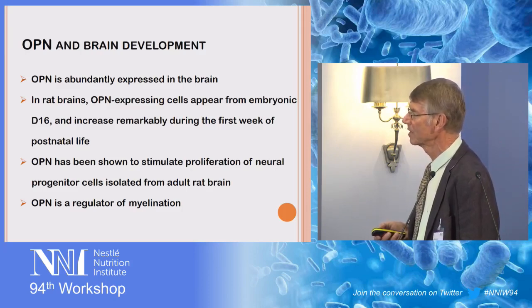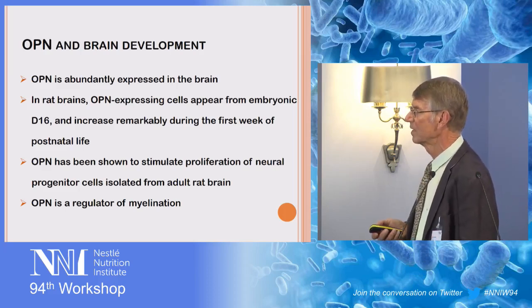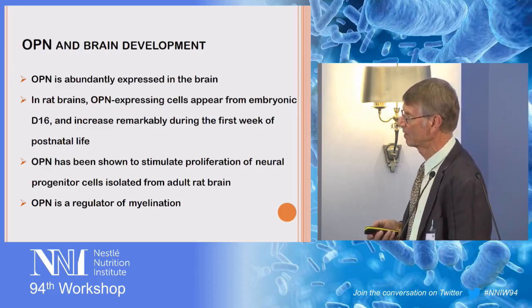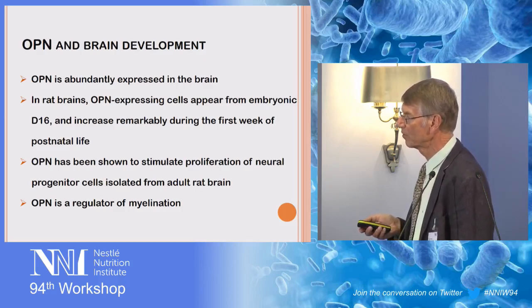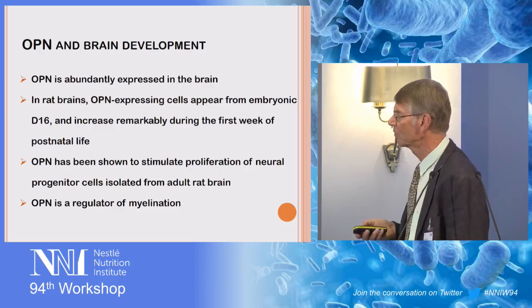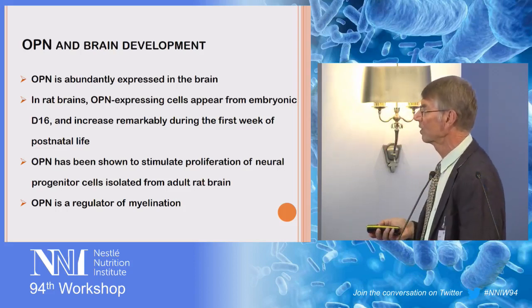And osteopontin has been shown to stimulate proliferation of neural progenitor cells isolated from adult rat brain. Again, very little has been looked at in the newborn animal. And it's a well-known regulator of myelination, which of course is important for brain function and cognitive development.